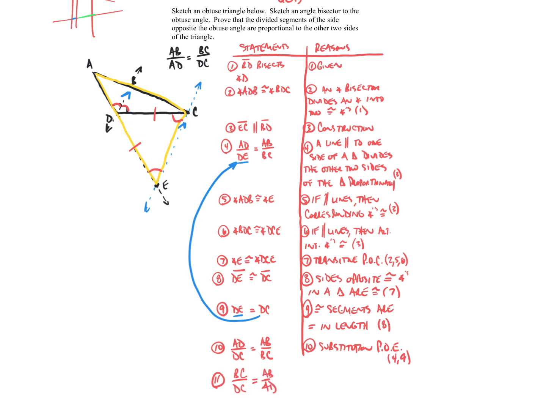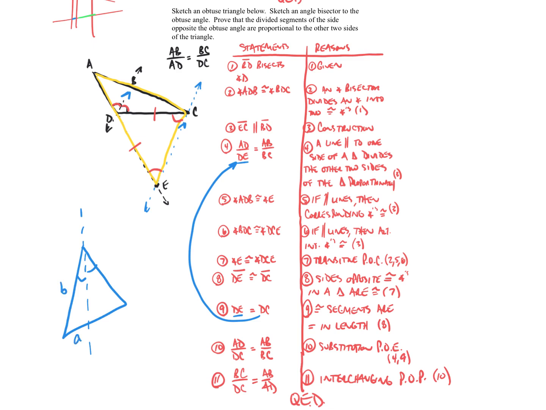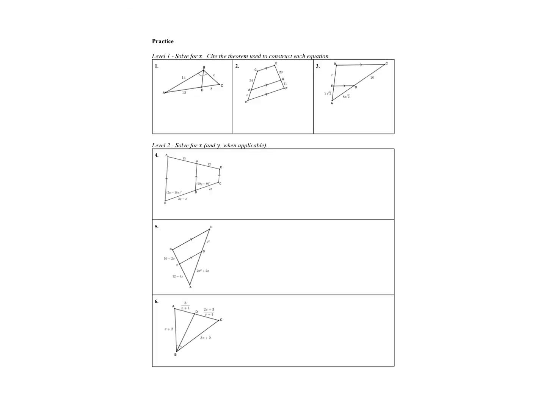And now I have what I wanted. And so what that means to us now is anytime I've got a triangle and one of those angles is bisected like that, I now have proportionality between those two segments and these two segments. So A over B must equal C over D. We just proved that.